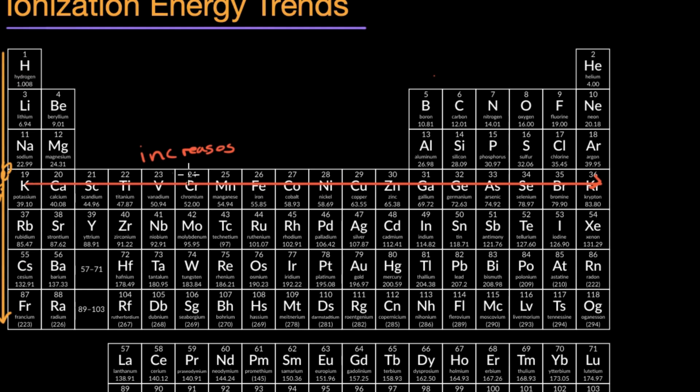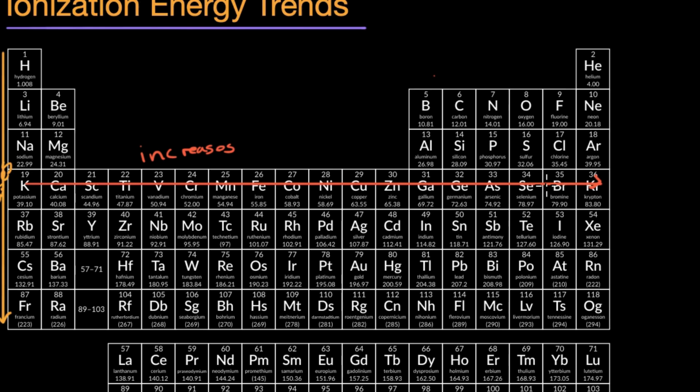Now, as you go from left to right along a period, we already talked about the fact that you're adding electrons, but you're either backfilling into a lower energy shell, or you're adding at that same outer valence shell. But as you're doing so, as you're going from left to right, you have more and more protons. So as you add more and more protons, you're going to have a stronger positive charge.